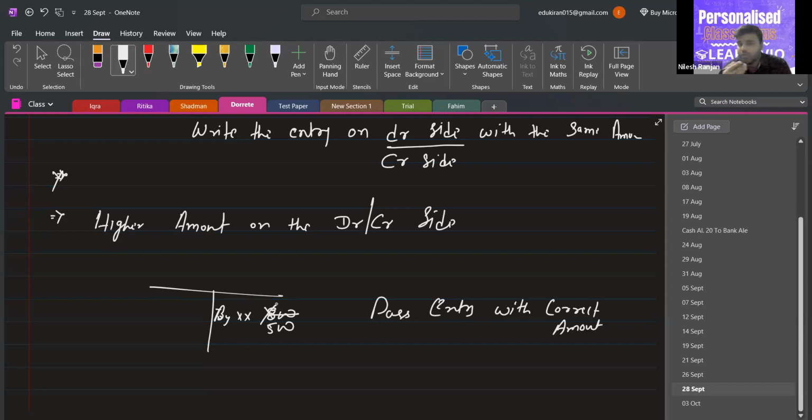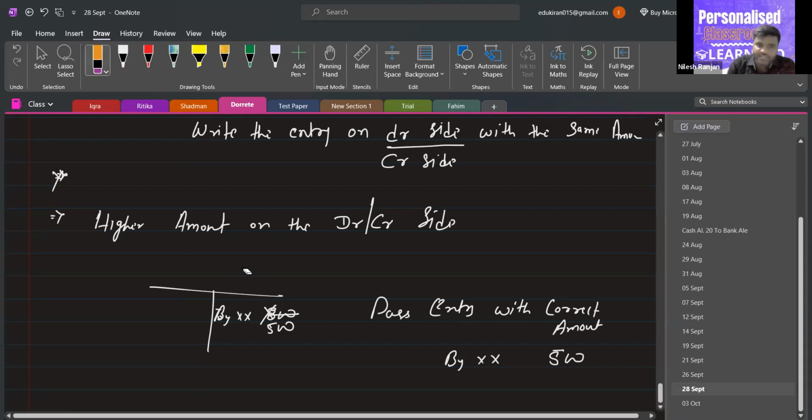Yes, so if it will not impact our previous balance, then there will be no correct balance in our book. Because let's say you have written 500 on the credit side again. Yes, sir. And this 800 is still existing on the credit side.